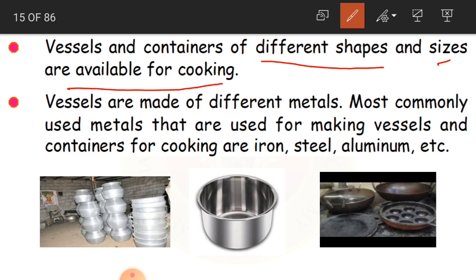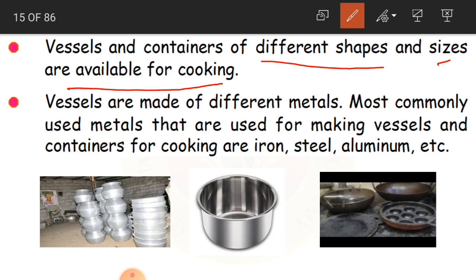We use them for cooking. You cannot just put a vegetable on the stove, it cannot be cooked and we cannot eat it. We need some container or some vessel where we can place our food ingredients, then we can cook it and then we can eat it.